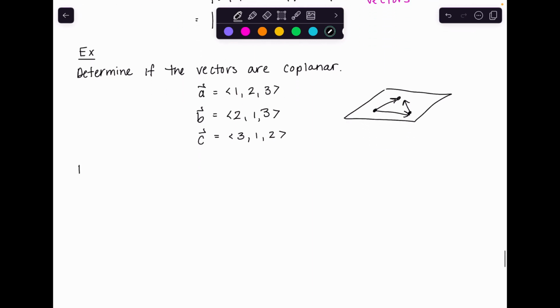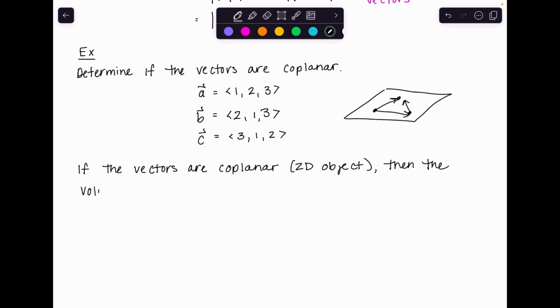So if the vectors are coplanar, meaning it's a 2D object, then the volume of the parallelepiped they form is 0.